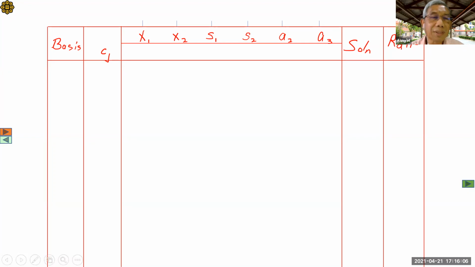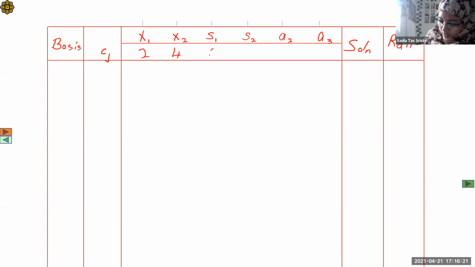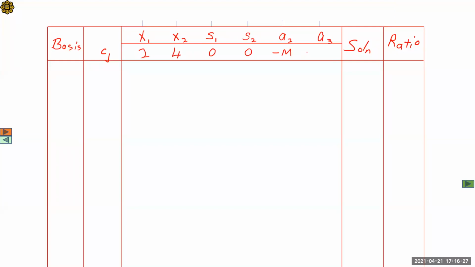Okay. How about the coefficients inside here? x1: 2, x2: 4. Now you are ready. 2, 4, 0, 0, 0, 0, negative M, negative M. Good.